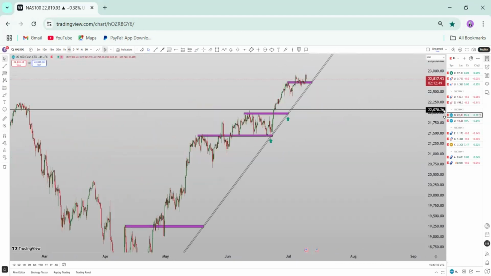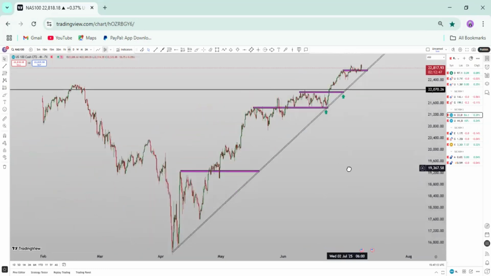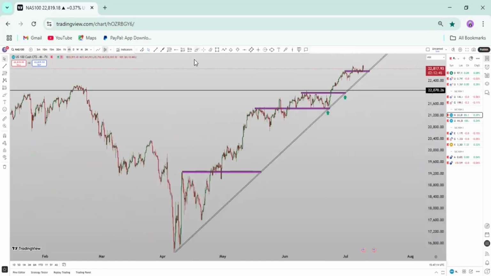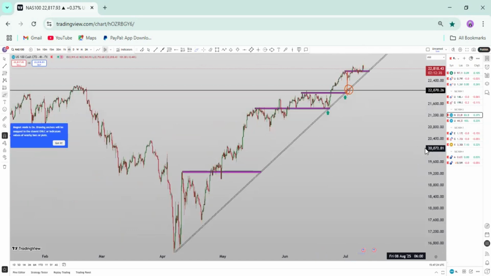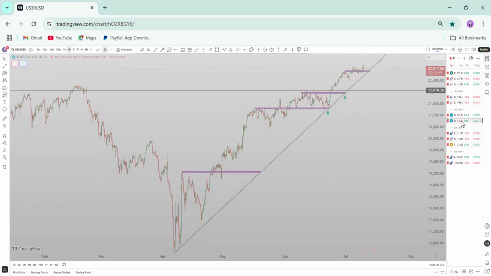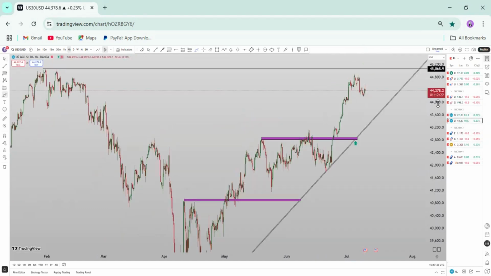Next one, let me see NAS 100. On NAS 100, I wanted this market to do some more retracement, maybe to this area. Then maybe I can take it to the upside. But NASDAQ did not do anything like that. So I will just leave it like that for this week also. I don't have a good setup.